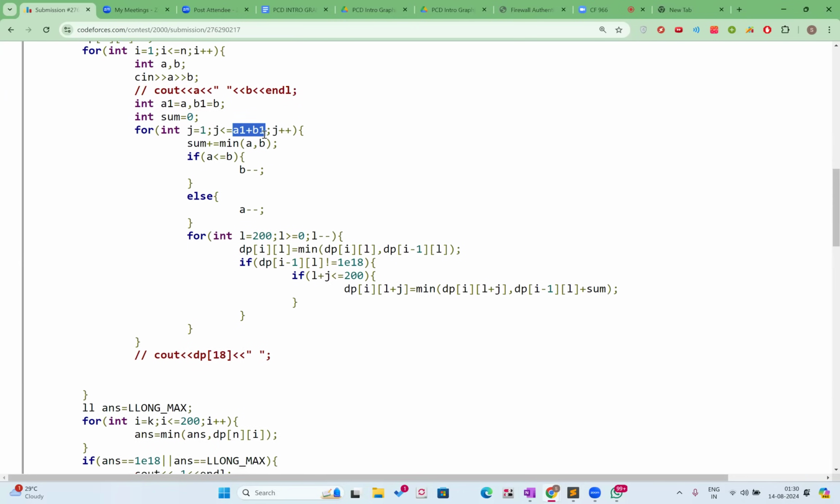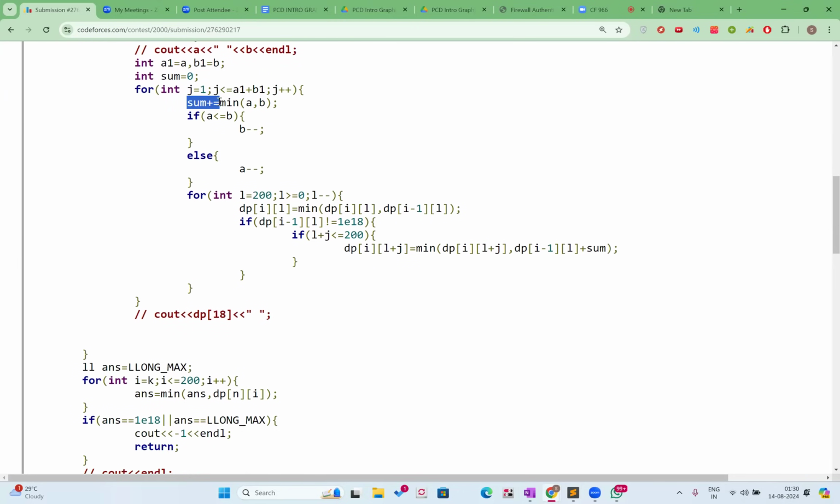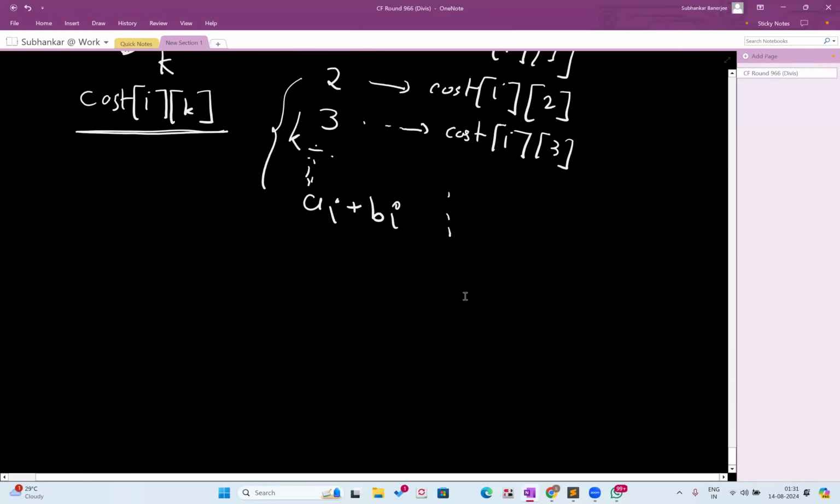Yes, correct. So what is the cost I have to add? Minimum of a comma b, right? And I have to reduce the maximum by 1 because the dimensions have now changed for this rectangle. For the next iteration, when I need 2 score from it, suppose I have a 3 cross 3 square.